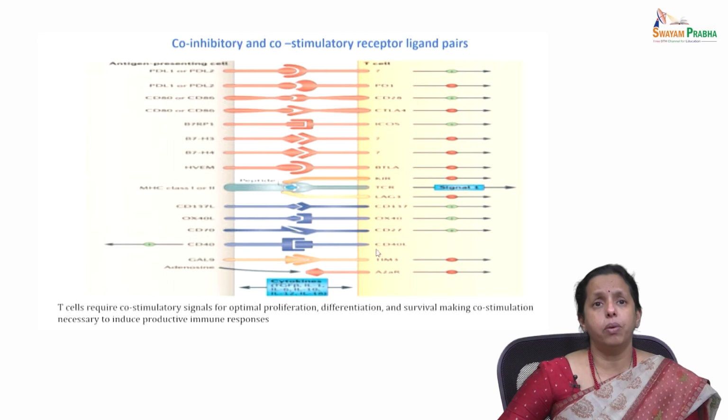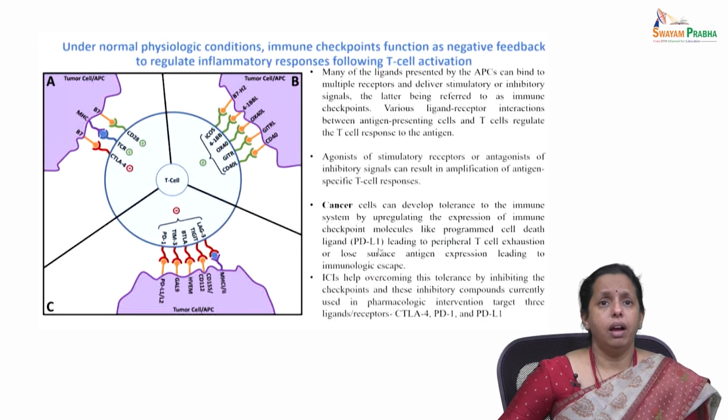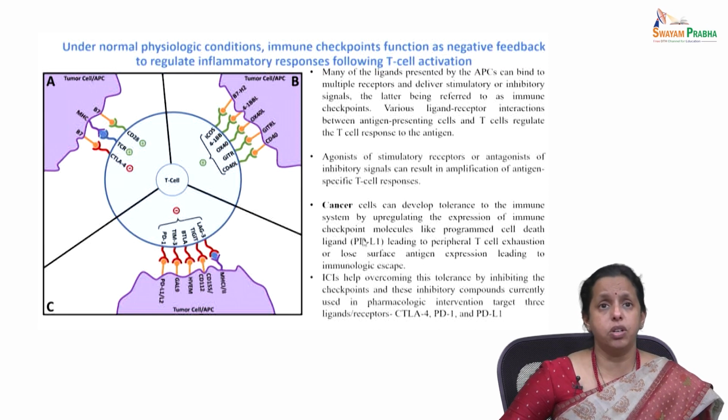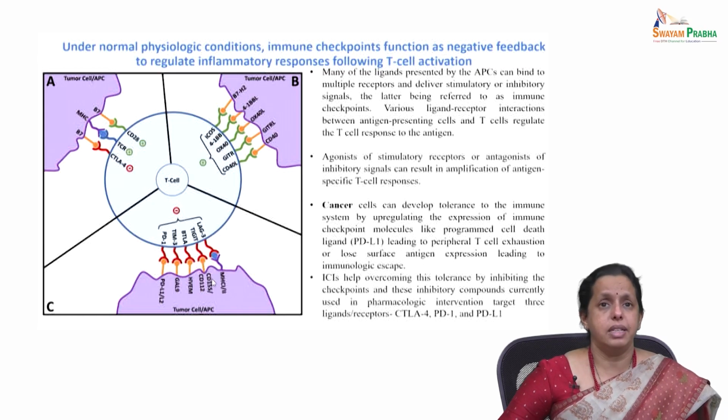Because of this prolonged expression of PDL1, it leads to peripheral T cell exhaustion, as we discussed last time, or loss of surface antigen expression, which leads to immunological escape.